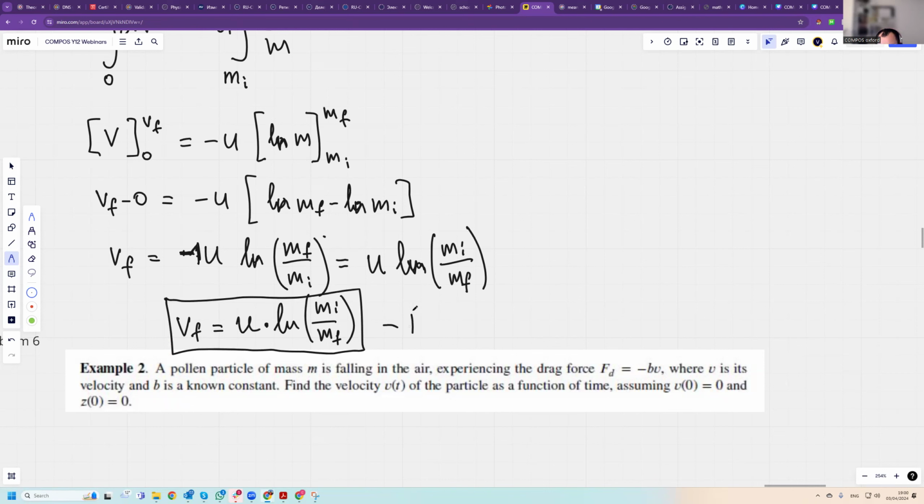This is called the Tsiolkovsky rocket equation. So when they say it's not rocket science, well, of course it's not rocket science, because rocket science is actually not very difficult. It's a simple equation.